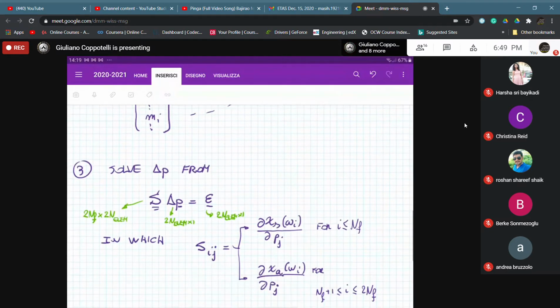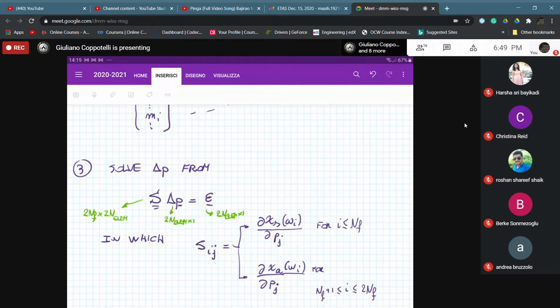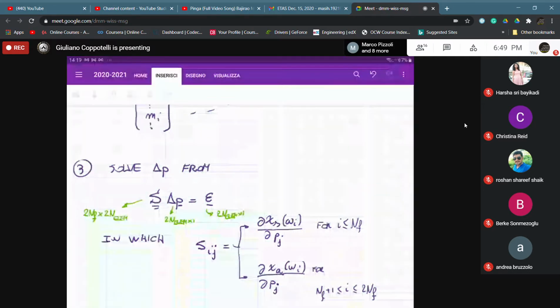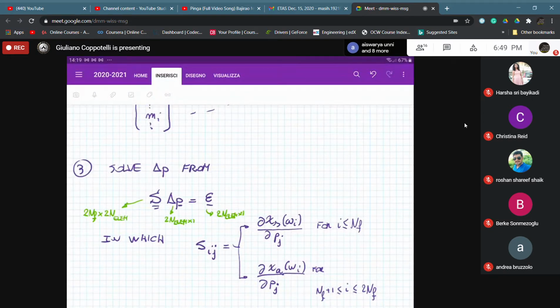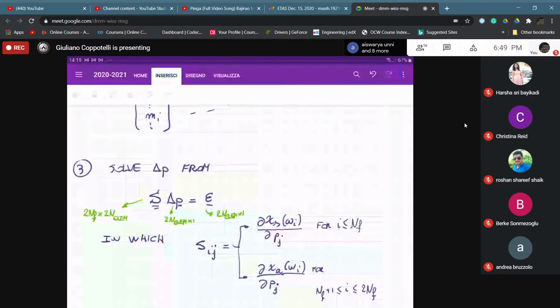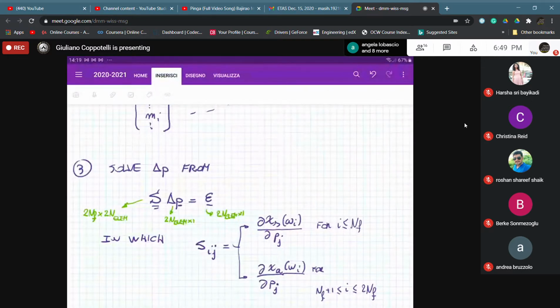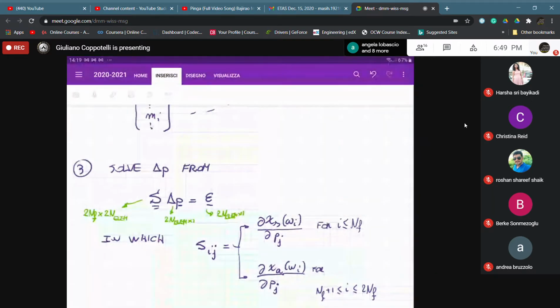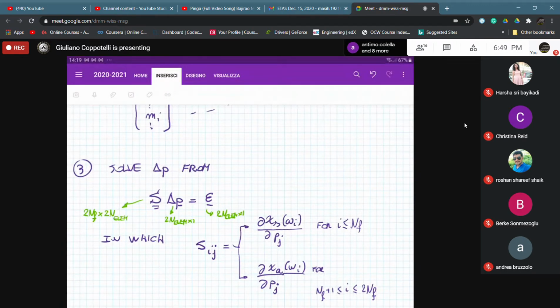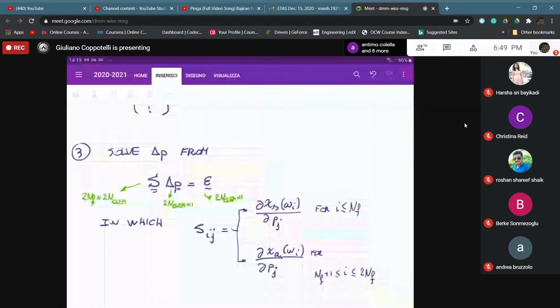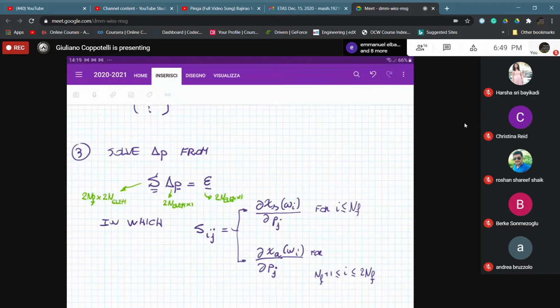Then, by taking the derivatives of the previously defined correlation function of the frequency response function, and by defining a residual vector that is your vector epsilon, we have to solve for the change of these design parameters for updating, delta p, by solving this equation. Yesterday we saw some details on these elements.